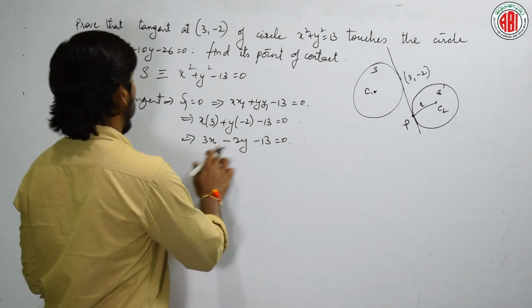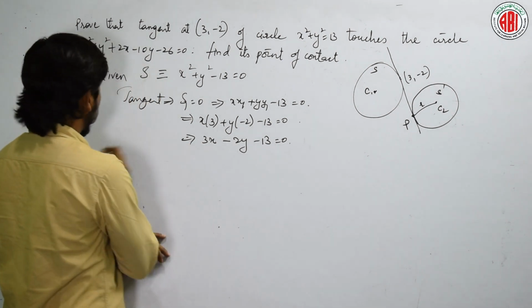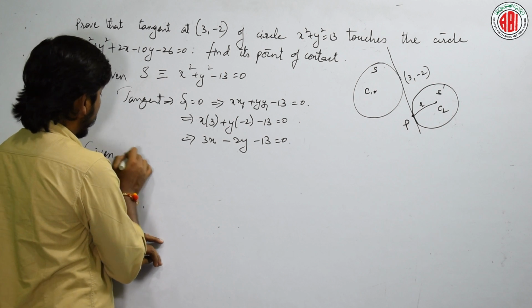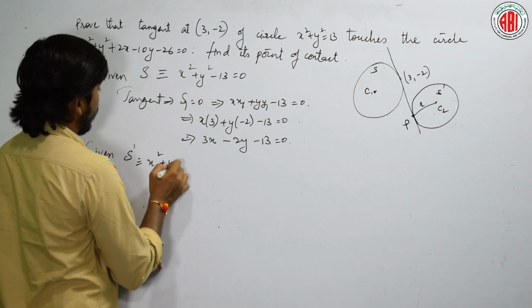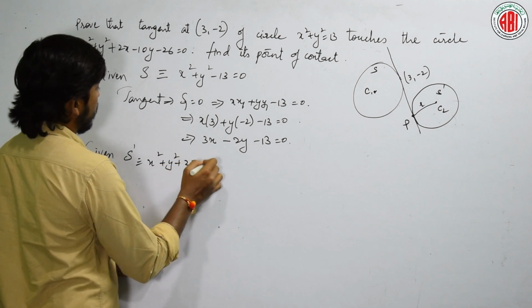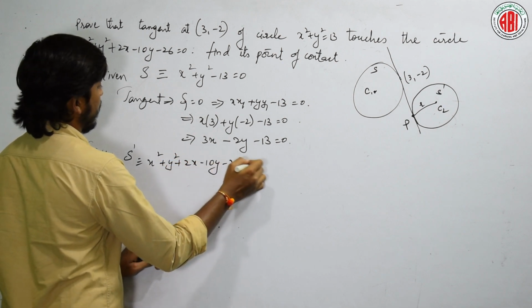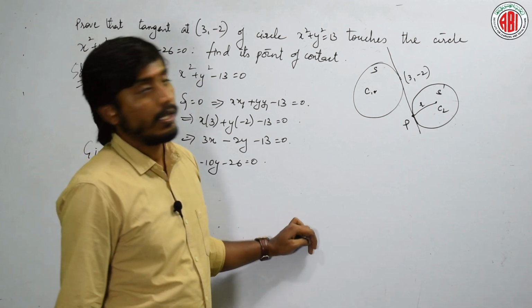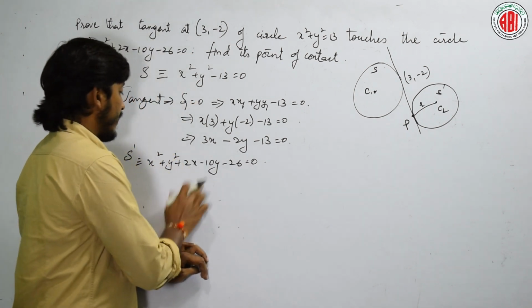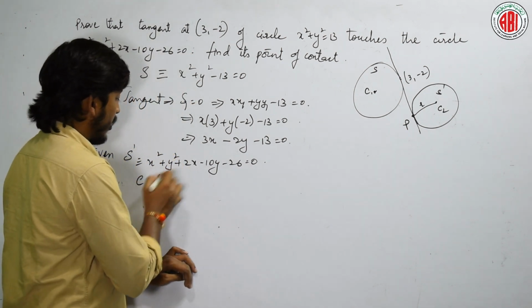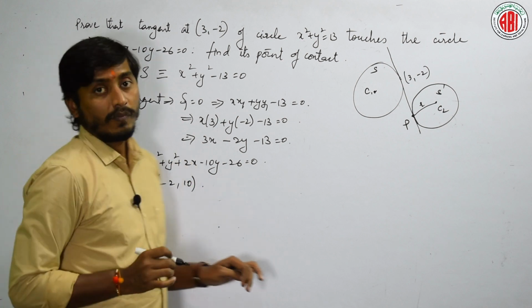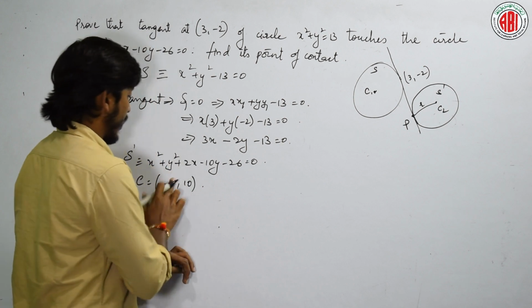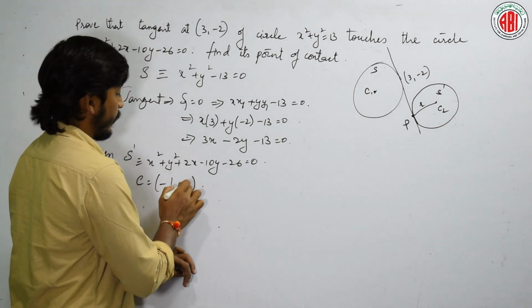See, how do we do is, first let us take the second circle, that is x square plus y square plus 2x minus 10y minus 26 equal to 0. Clear? So, what is the center for this? Center is equal to minus 2 comma 10 by 2, that is minus 1 comma 5.